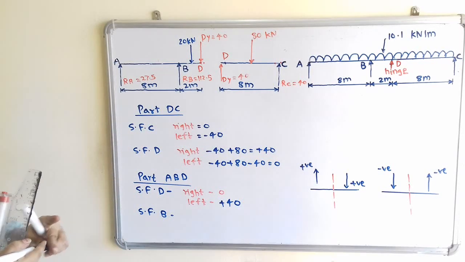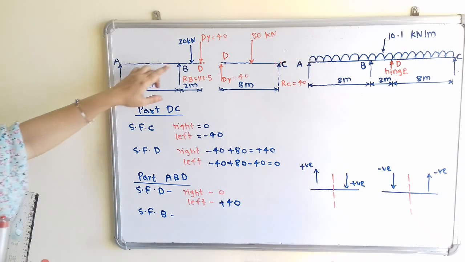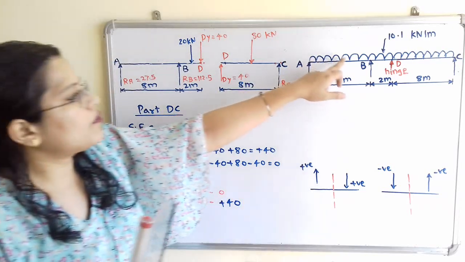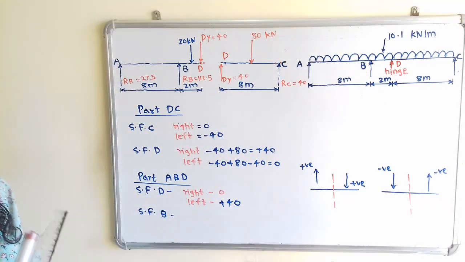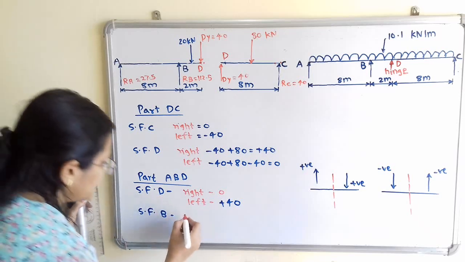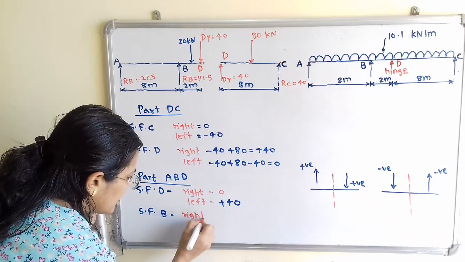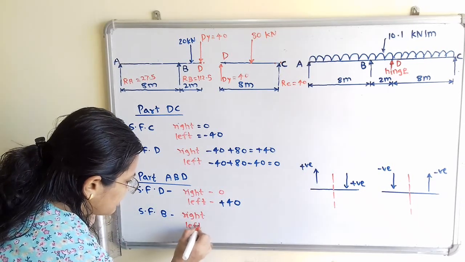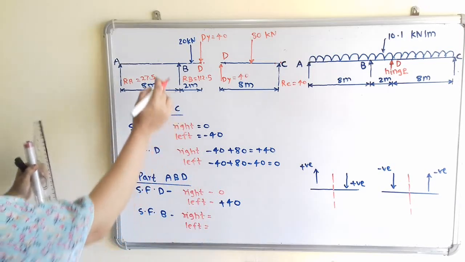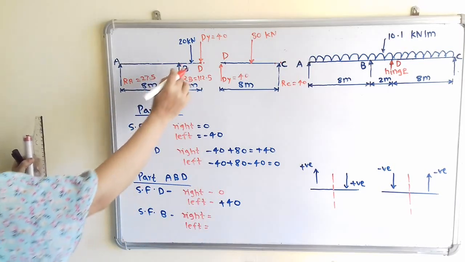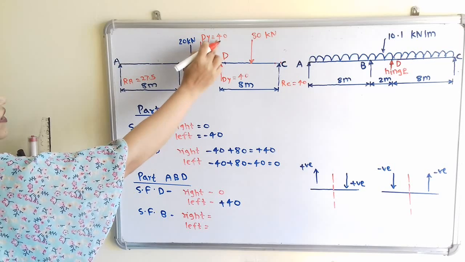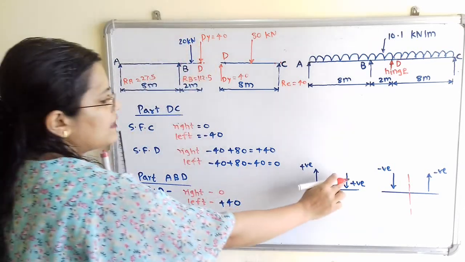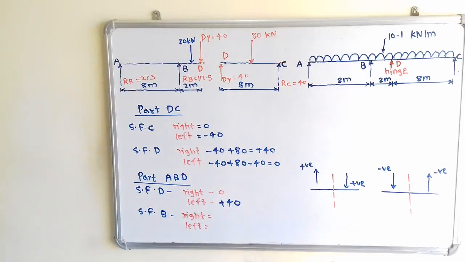Now shear force at point B. Point B is carrying uniformly distributed load as well as point load. So I will write here two types, right side and left side. On right side if I consider here one point, there are two types of load and which are in vertically downward direction. So what is its value?